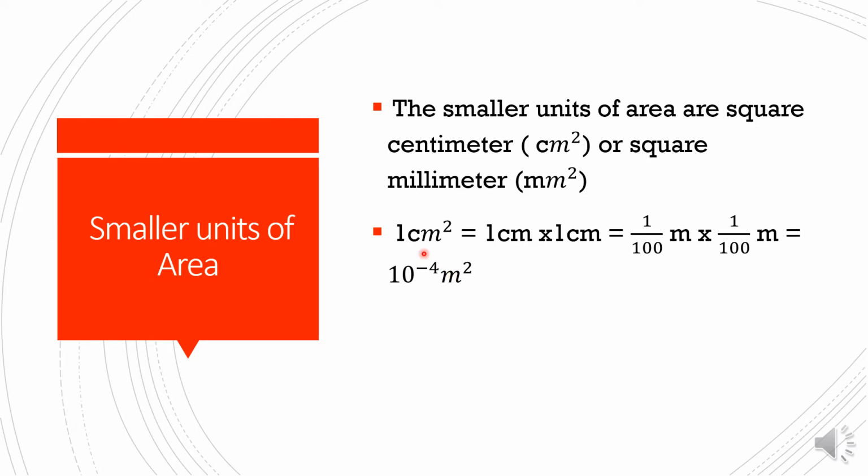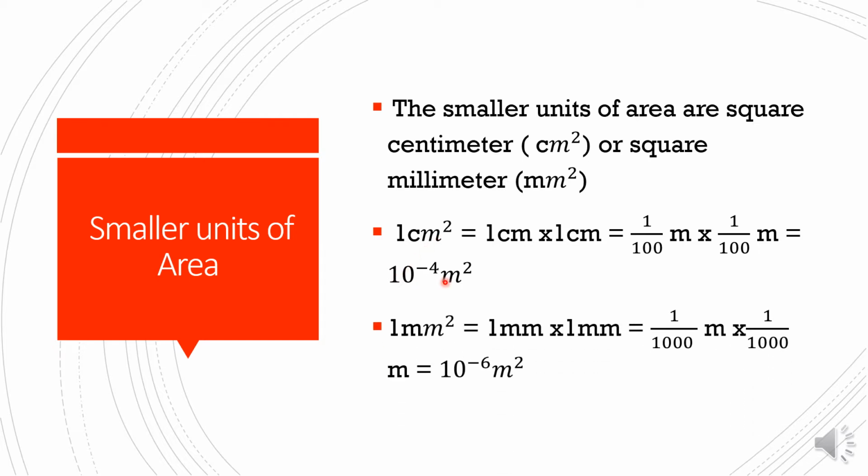So what is the relationship between 1 centimeter square and meter square? 1 centimeter square equals 10 raised to the power minus 4 meter square. In the same way, 1 millimeter equals 1 upon 1000 meter. So 1 millimeter square equals 1 millimeter multiplied by 1 millimeter.